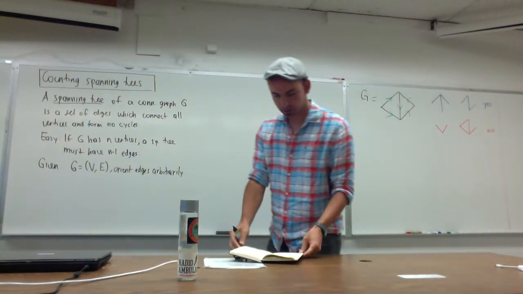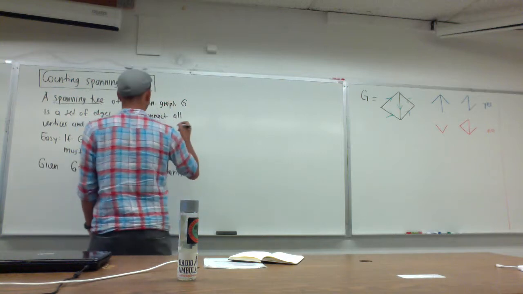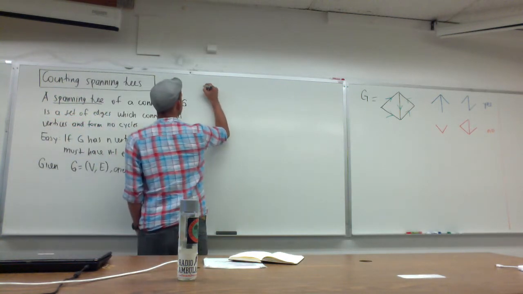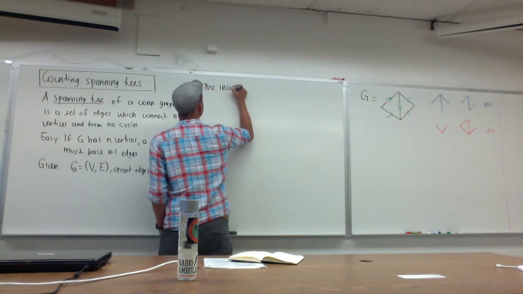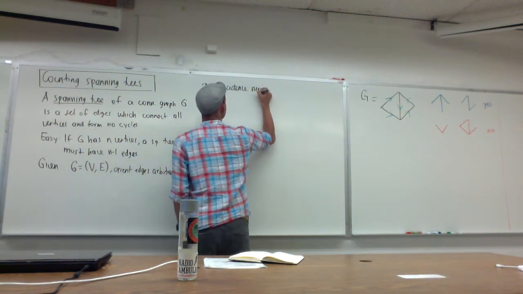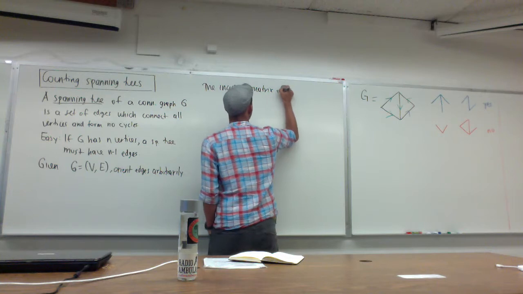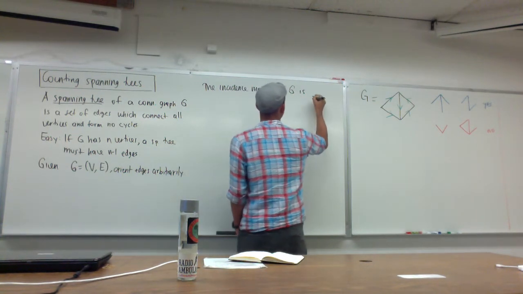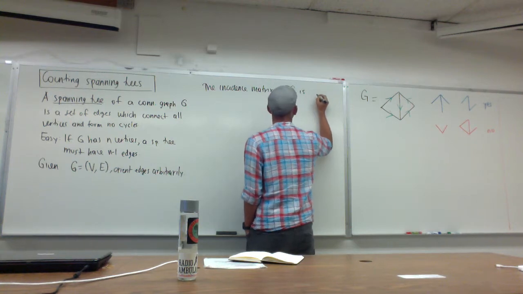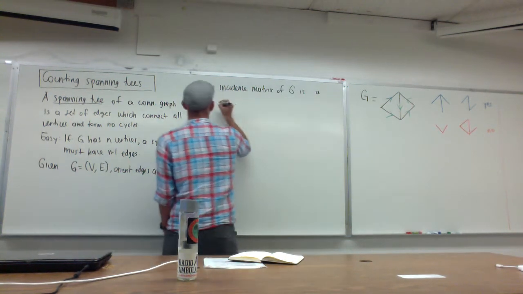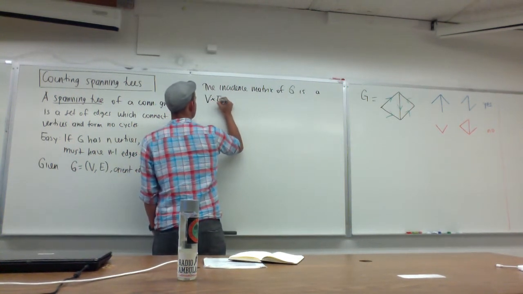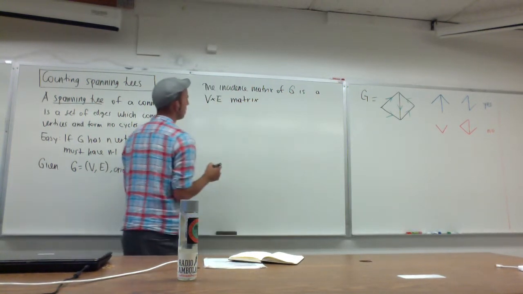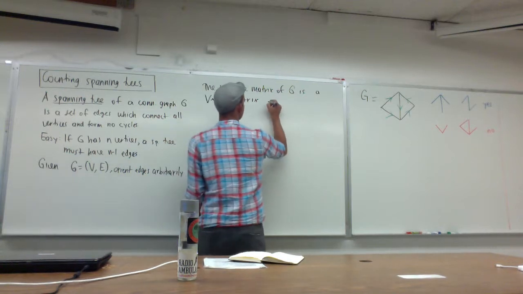And now I'm going to make 2 matrices. So the incidence matrix of the graph is a V by E matrix.